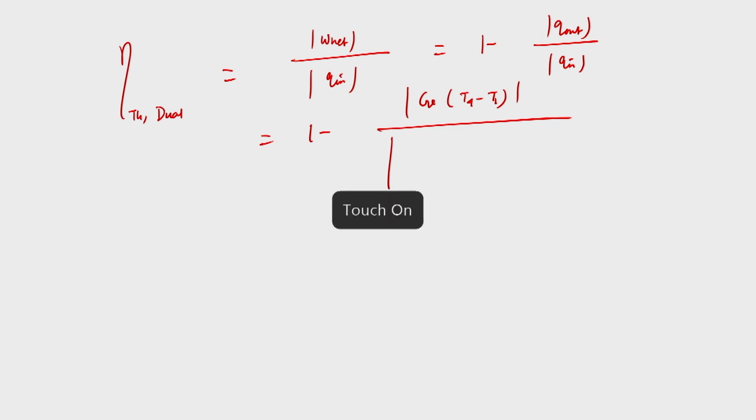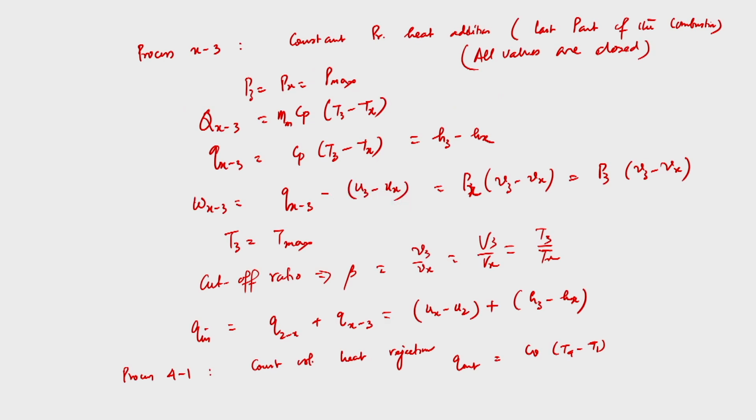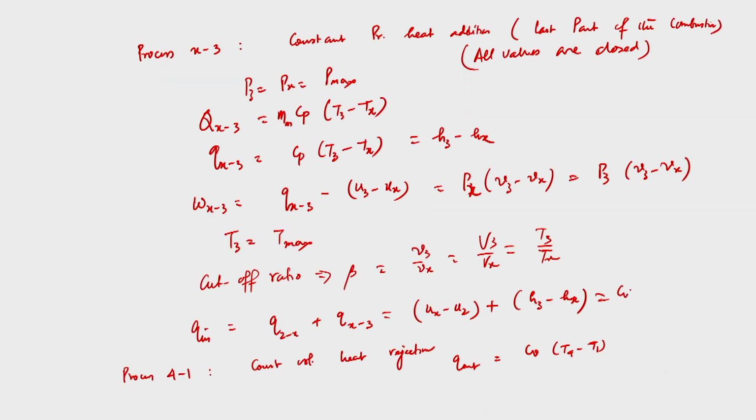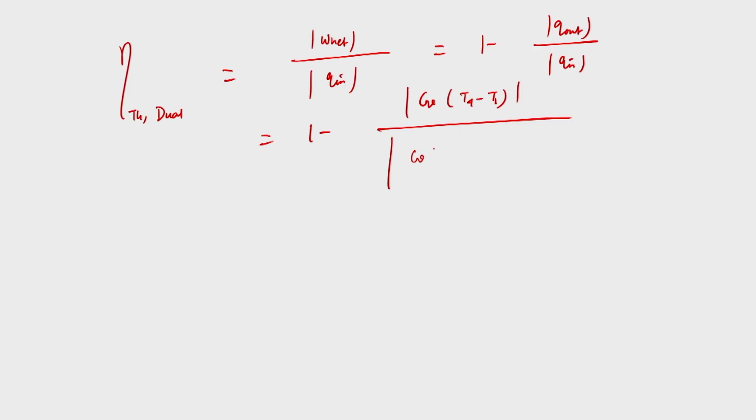If I go back to my previous slide, Q in is Ux minus U2, that is Cv into Tx minus T2, plus Cp into T3 minus Tx.